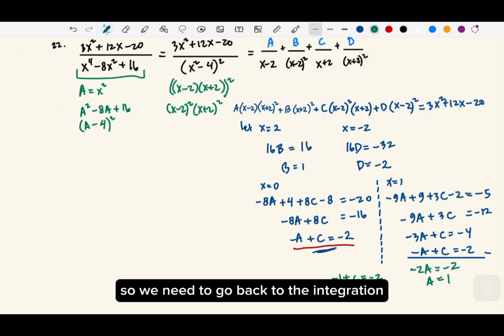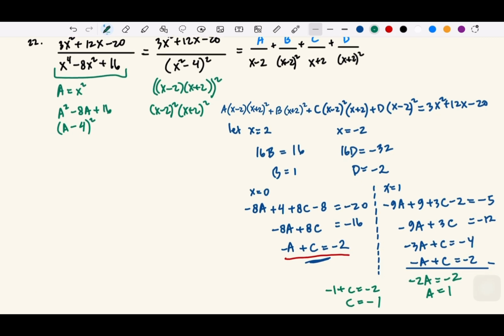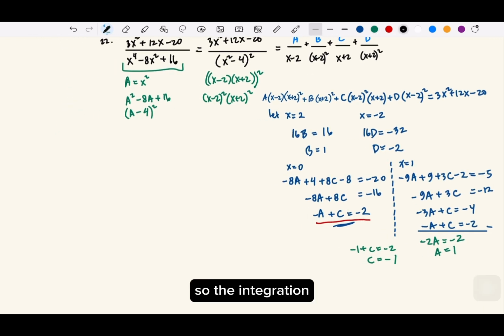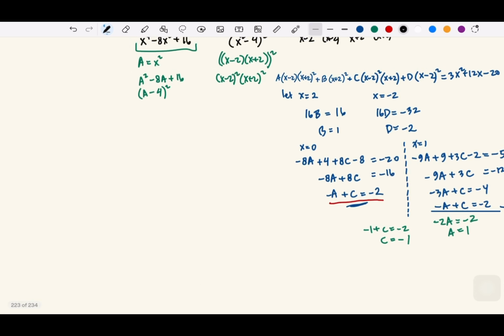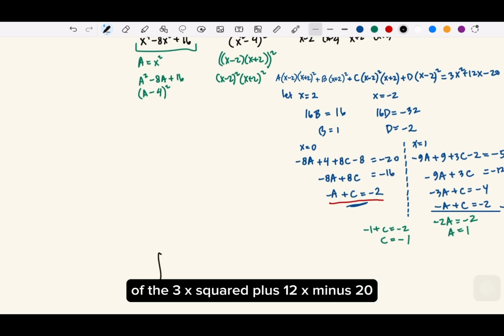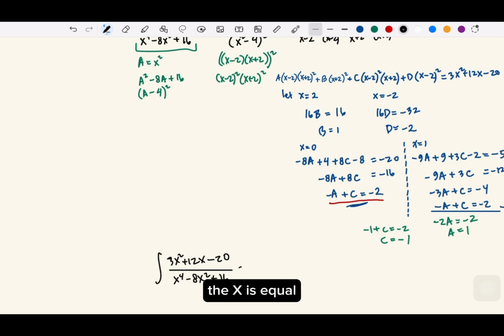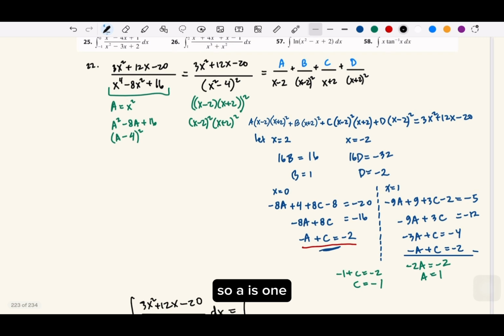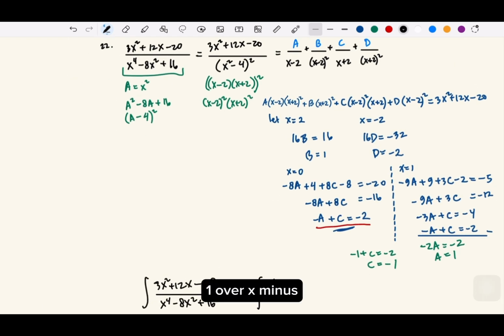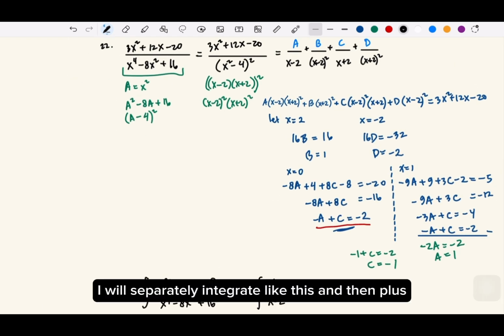So we need to go back to the integration. So we get the integration of the 3x squared plus 12x minus 20 over x to the power of 4 minus 8x squared plus 16 dx is equal. So first, a is 1, right? So a is 1. 1 over x minus 2, I will separately integrate like this, okay?